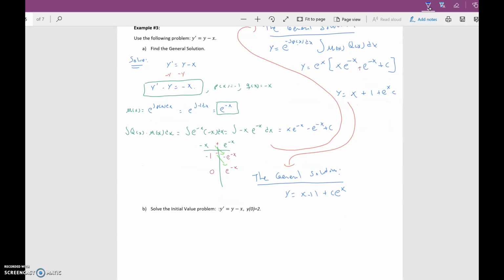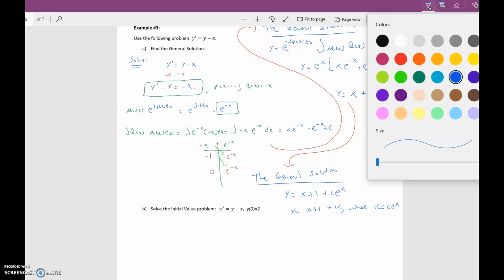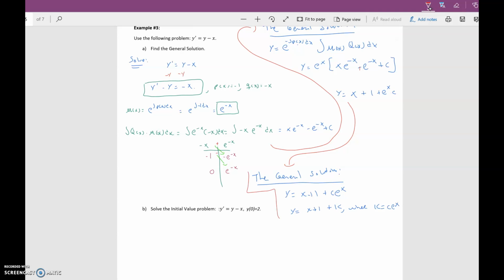You can write it with a k, where k is equal to c e to the x. That's what we're getting for the general solution.